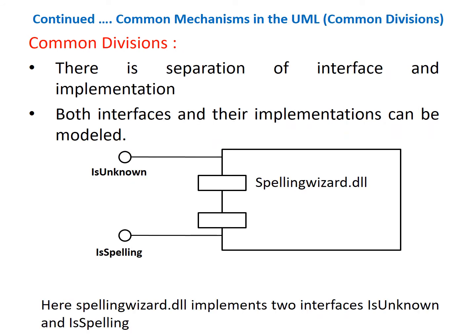In UML, there is a separation of interface and implementation. In UML, you can model both interfaces and their implementations. Here, the figure shows the spellingwizard.dll component that implements two interfaces, IUnknown and ISpelling.